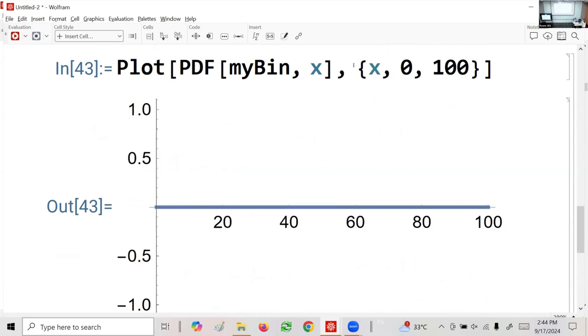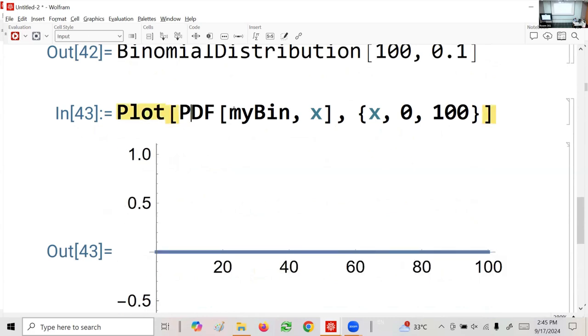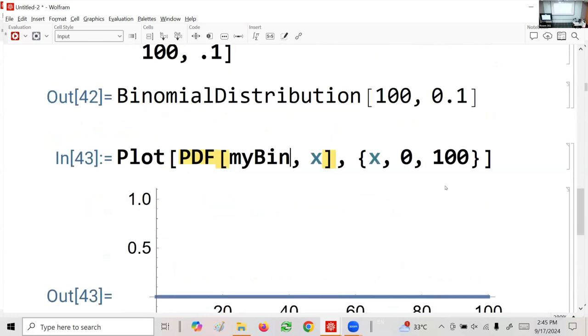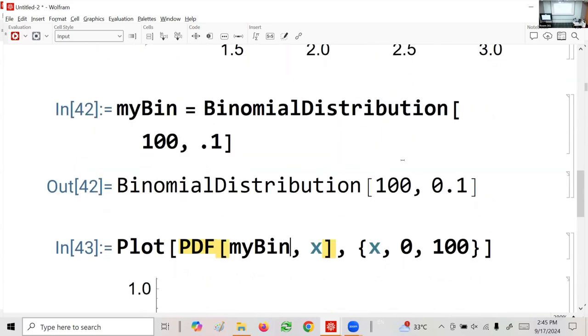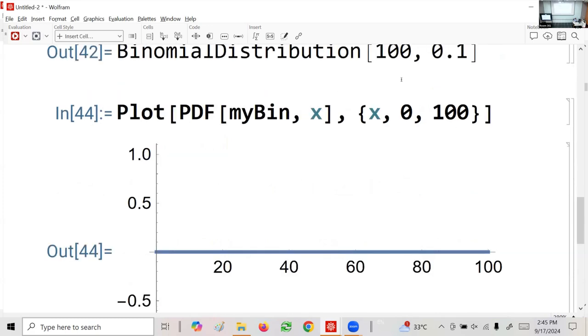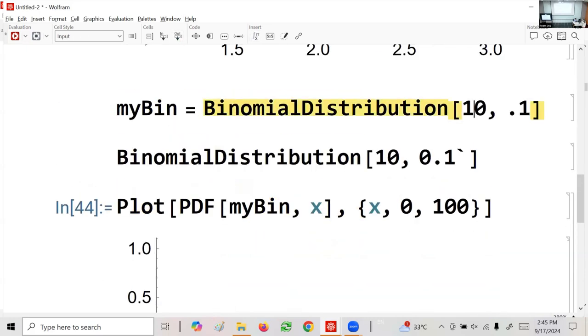Plot PDF. What's wrong here? Hold on, let's try. Oh, okay, it's too small. Let me make a different case. Let's make it 10. It's easier to show.